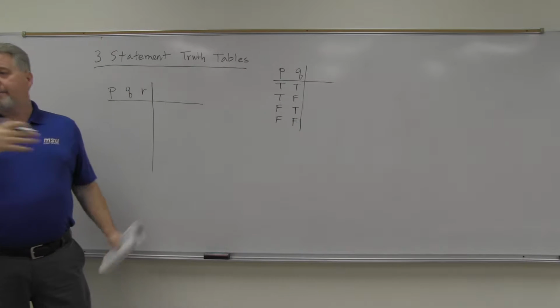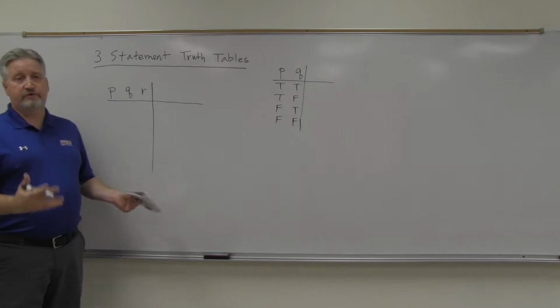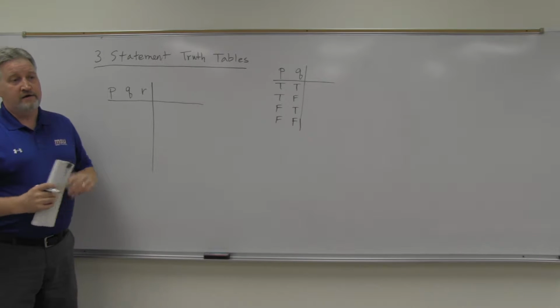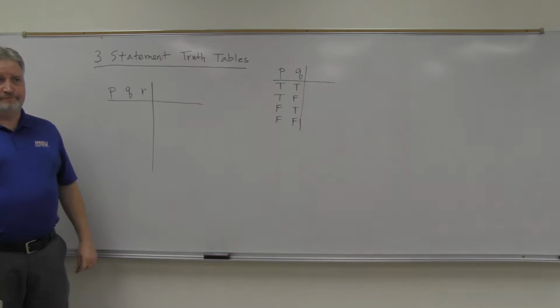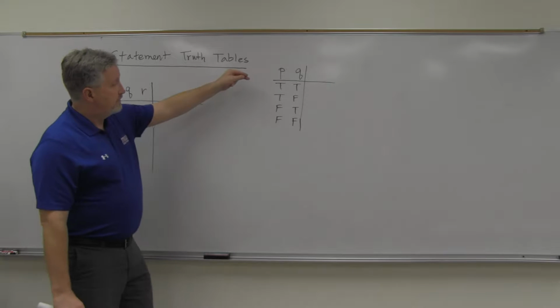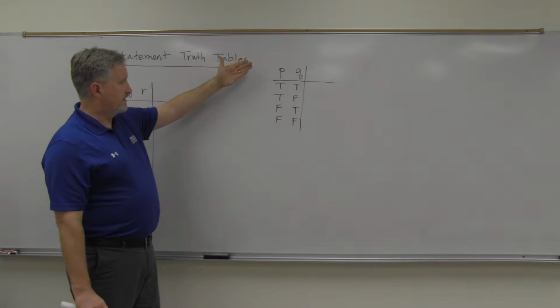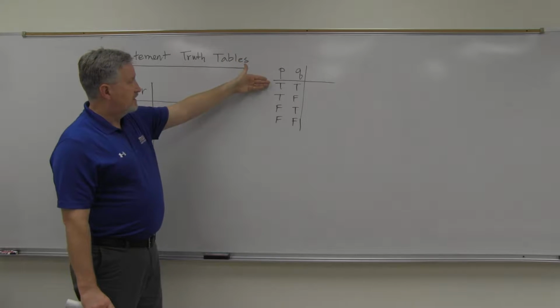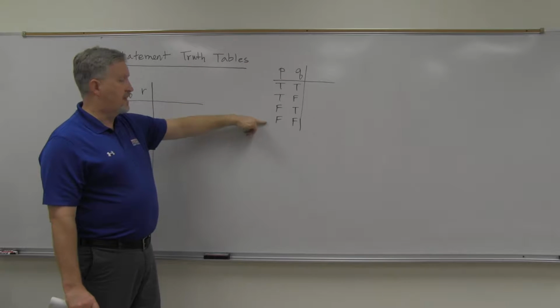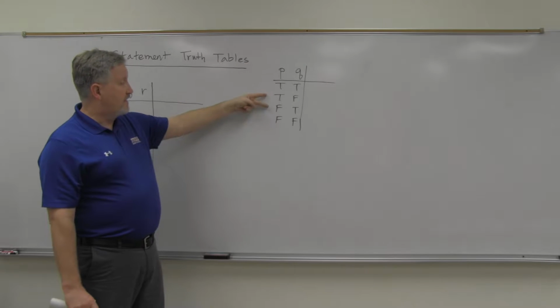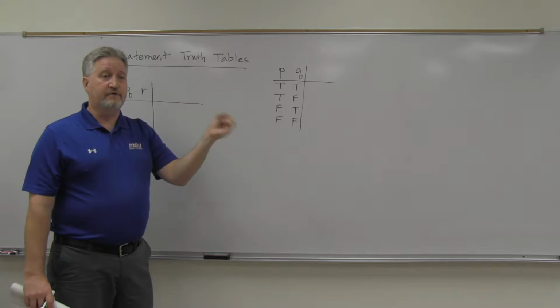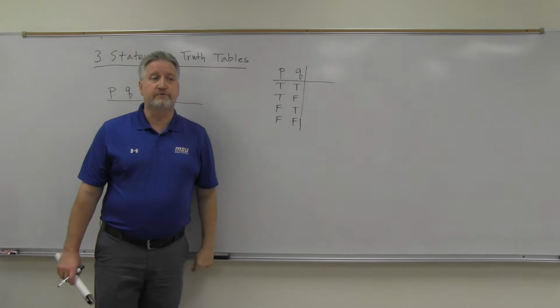That's the list of all possibilities that P's and Q's could have interacting true and false together, right? We've got a line that has 2 trues, a line that has 2 falses, and then the ones that have 1 of each. We've got a true, false, but then you can switch around to false, true.